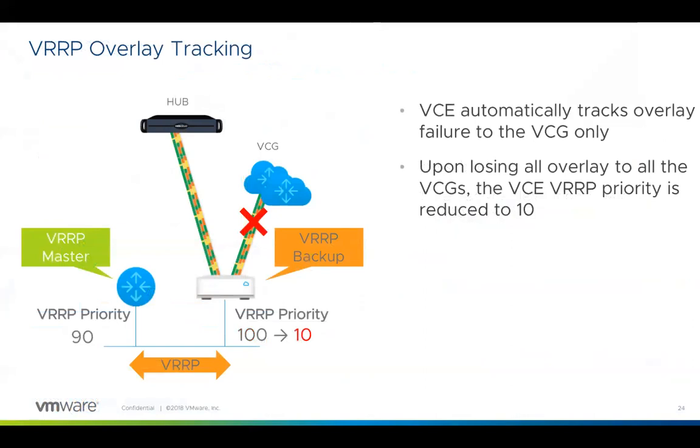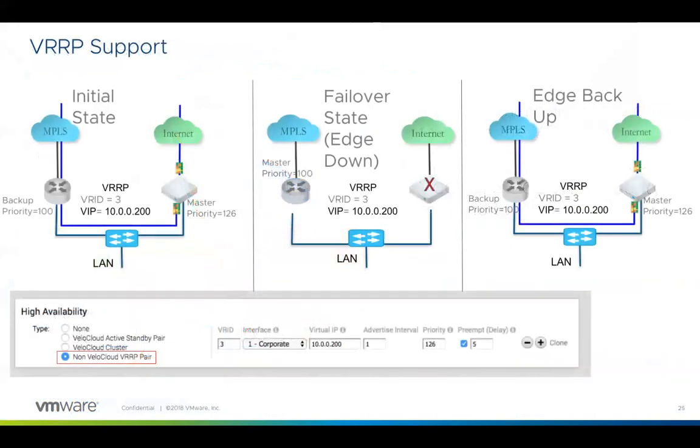What this implies is that, similar to this drawing here, if it's a hybrid site, what you don't want is for the CE to become the VRP master if we lose connectivity to the internet, which means losing connection to the VeloCloud gateway. In that case, you need to establish a control plane session across MPLS towards the VeloCloud gateway as well.